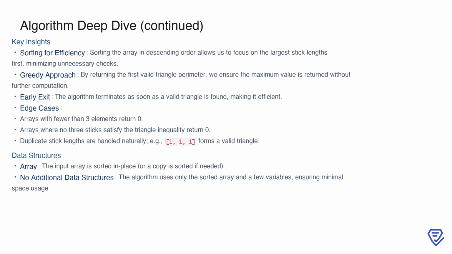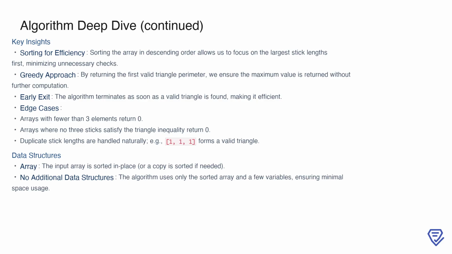Additionally, the algorithm uses an early exit strategy, terminating as soon as a valid triangle is found, making it highly efficient. For edge cases, the algorithm handles arrays with fewer than 3 elements by returning 0. Similarly, arrays where no 3 sticks satisfy the triangle inequality also return 0. Duplicate stick lengths are naturally supported, as in the case of 1, 1, 1, which forms a valid triangle.